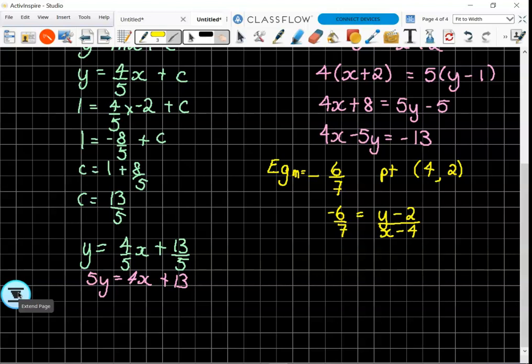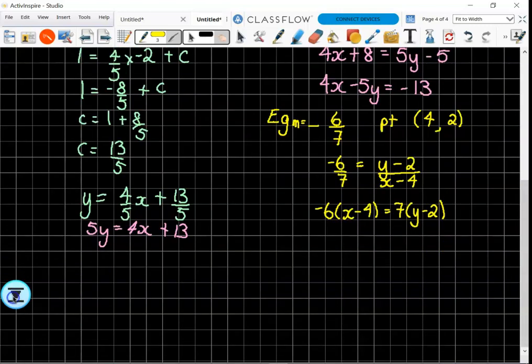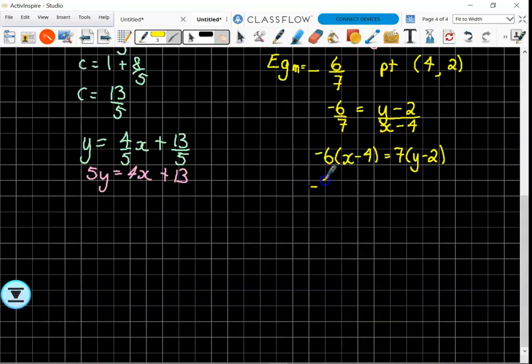Now what do we have to do? Cross multiply. It's Monday, so I'm including my brackets in case I make a whoopsie. Negative times a negative.